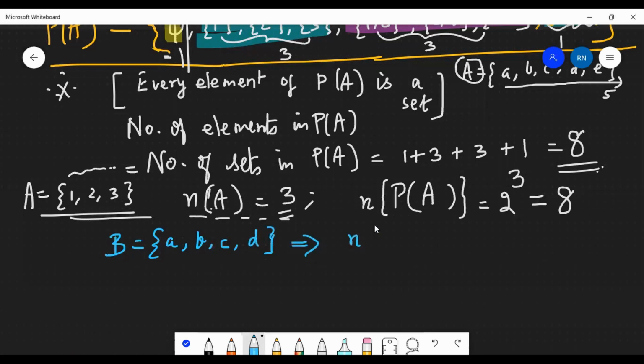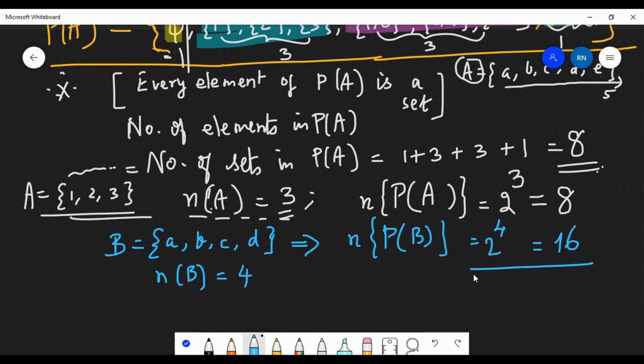The number of elements in the power set of B will become 2 raised to 4, where 4 is the number of elements in B. And you come to the understanding that there are 16.